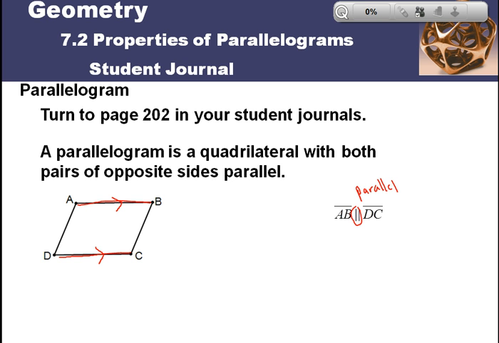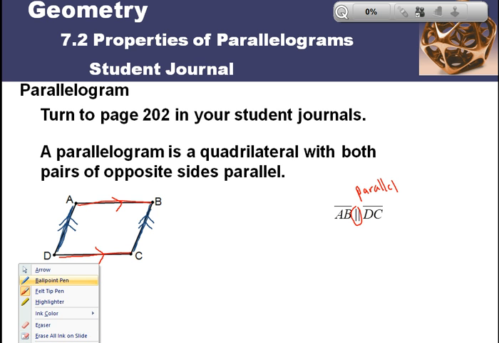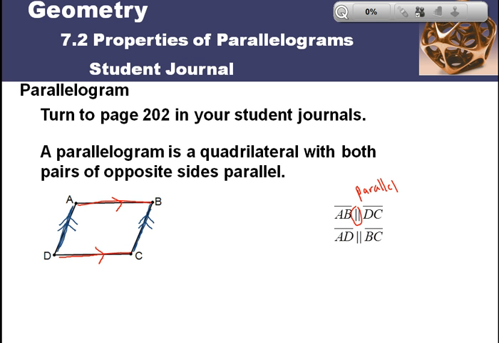So the opposite sides over here would be side AD and side BC. And then we're going to show that these two are parallel, but to differentiate from AB and DC, instead of using one arrow, we're going to use double arrows. So this indicates that AD is parallel to BC. So we can say that AD is parallel to BC as well.